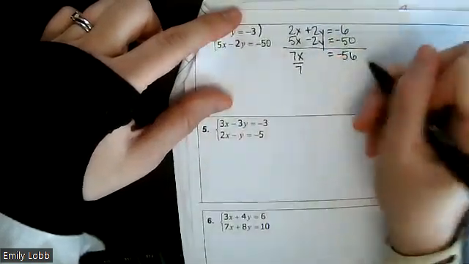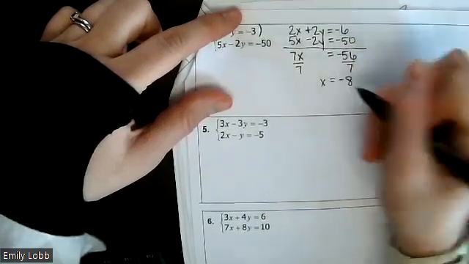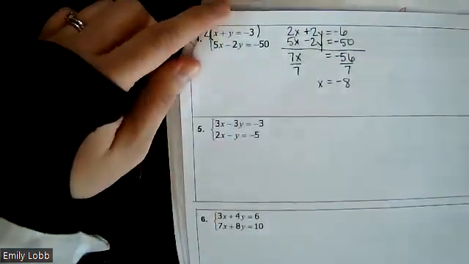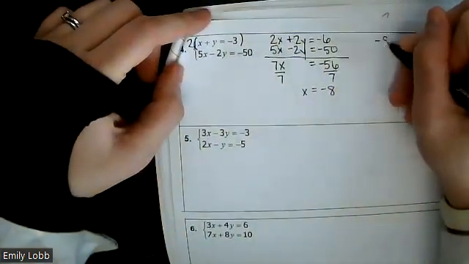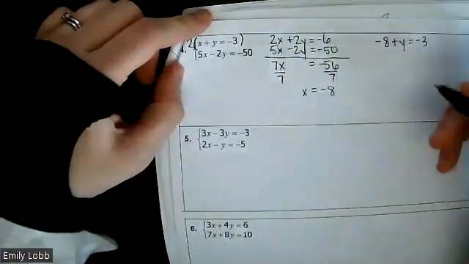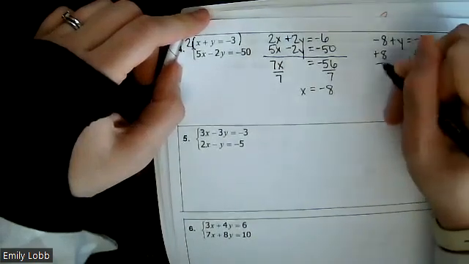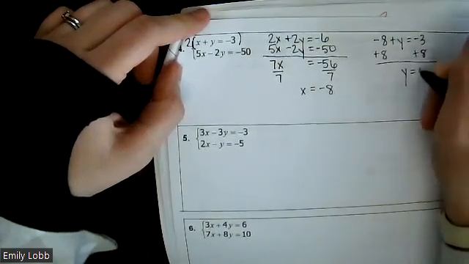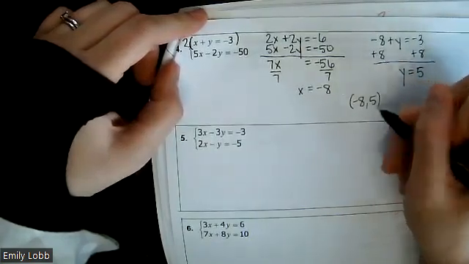So when I divide both sides by 7, x is equal to -8. So I would definitely choose to throw that into the top original, -8 plus y equals -3. I would simply be adding 8 to both sides so that y is equal to 5. So this is -8, 5.